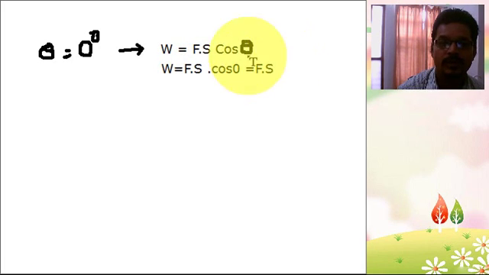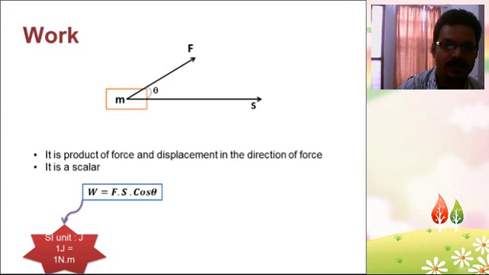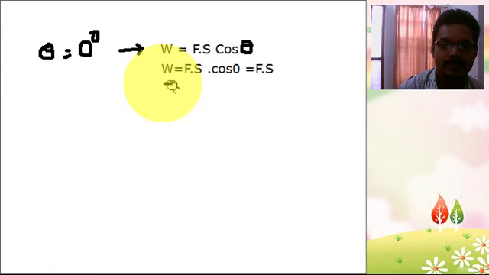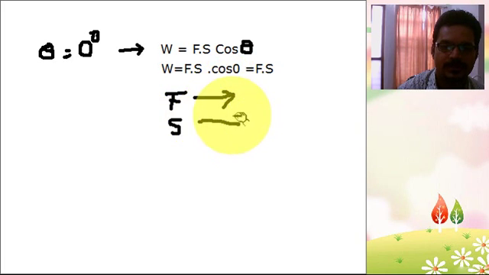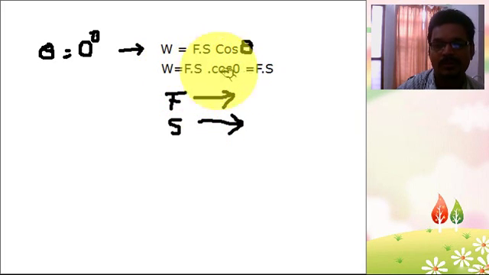This is called maximum work done, because here force and displacement are both parallel, since the angle between them is 0 degrees. So force is in one direction, and displacement is also in the same direction. Both are parallel, so W equals Fs cos 0, which becomes Fs, which is the maximum work done.